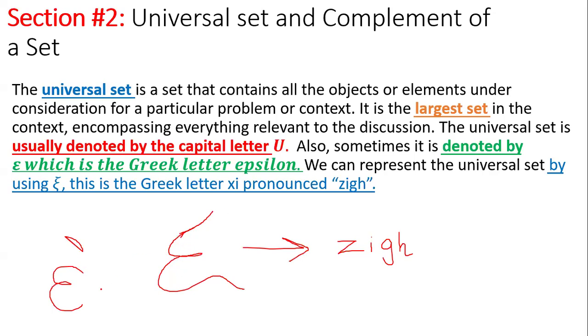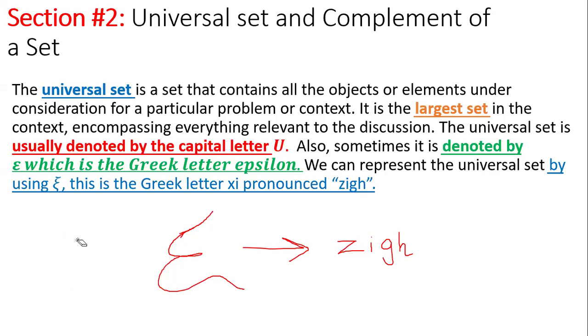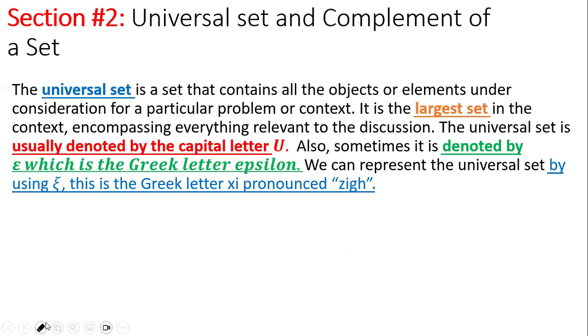Does that make sense to y'all? Yes, sir. So there are 3 ways in which we can represent the universal set. What are those 3 ways? The capital letter U. Yes.